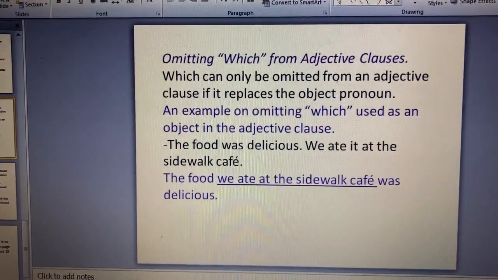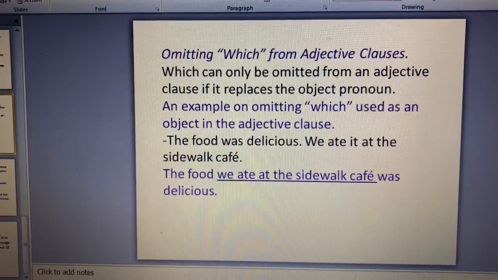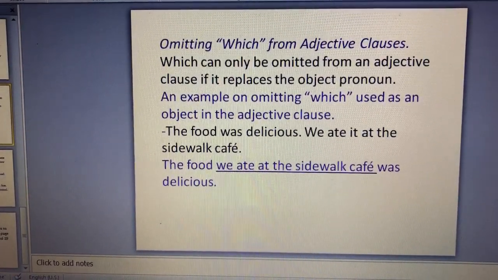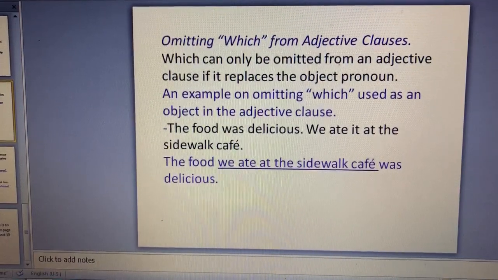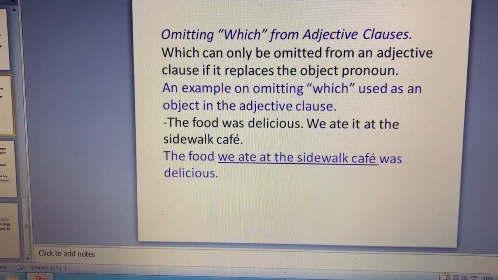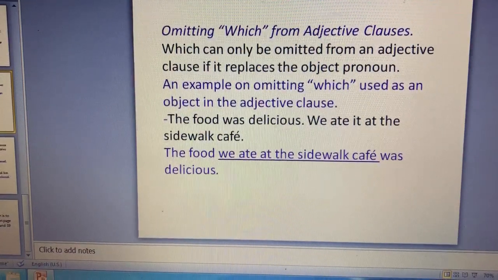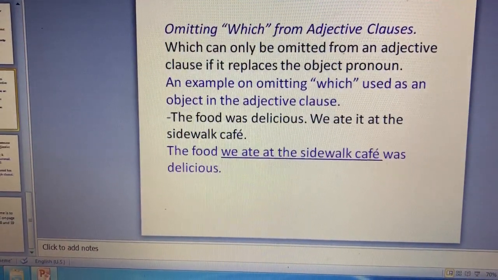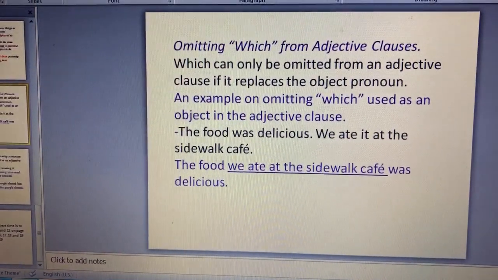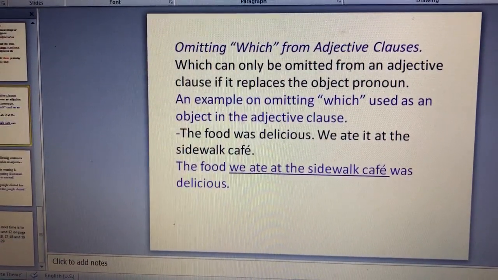It refers to the subject food, and as you noticed, since it follows the verb ate, then it's an object pronoun that should be omitted from the adjective clause and replaced by which. And here which is also omitted because it functions as the object, not as the subject.